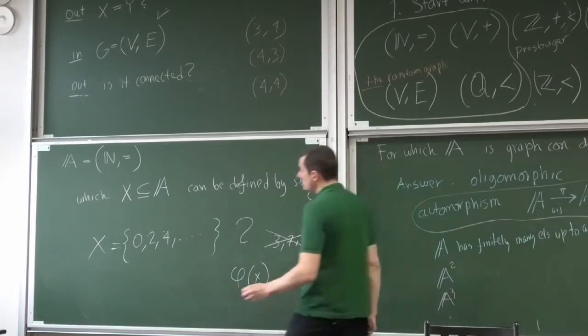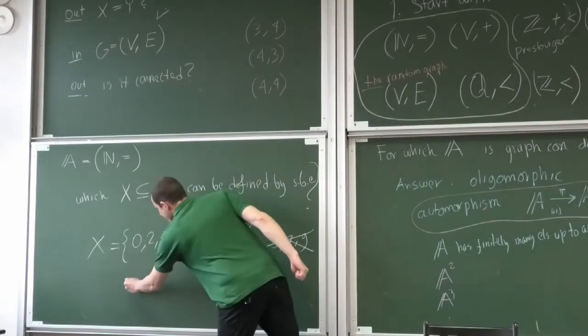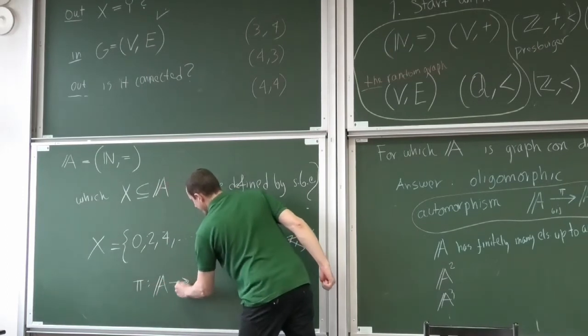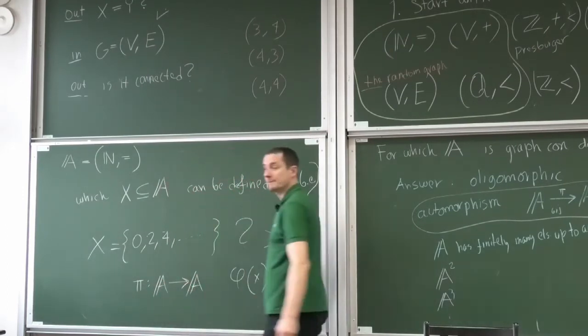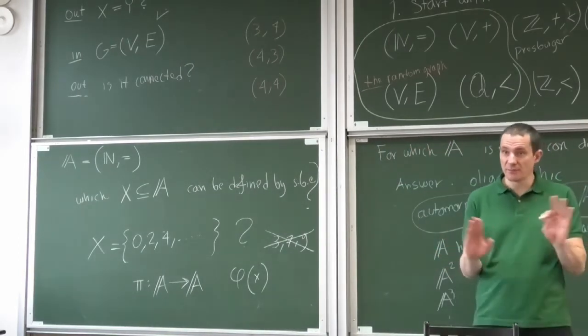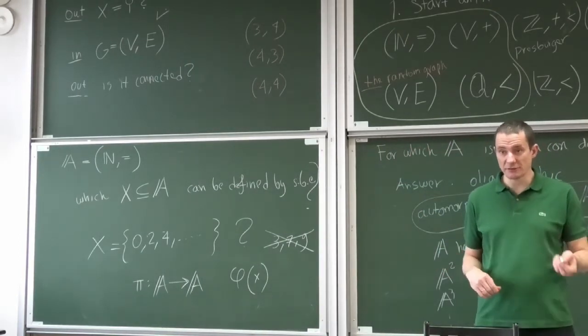So imagine you take some automorphism pi, which in the context of equality only just means a bijection of the set itself.